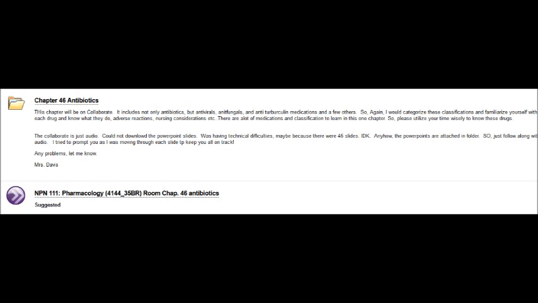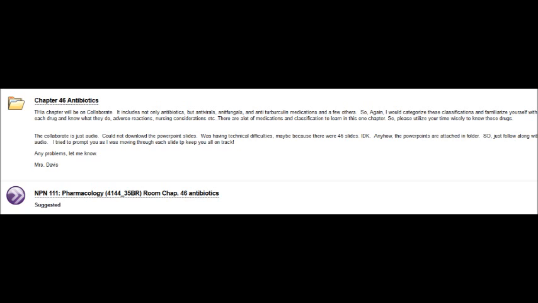So Tygacil is mainly IV. It's not prescribed PO. It binds to the 30S ribosome, preventing protein synthesis, and therefore these are not bactericidal, which kills the organisms. They are bacteriostatic, which stops the bacteria from reproducing, which inhibits the growth and reproduction of bacteria.